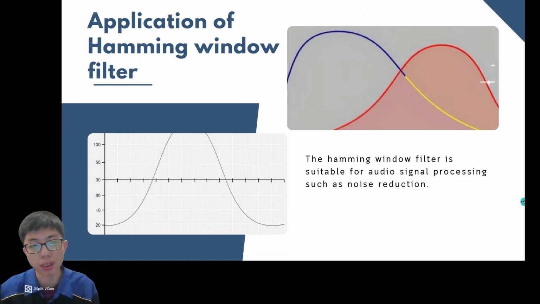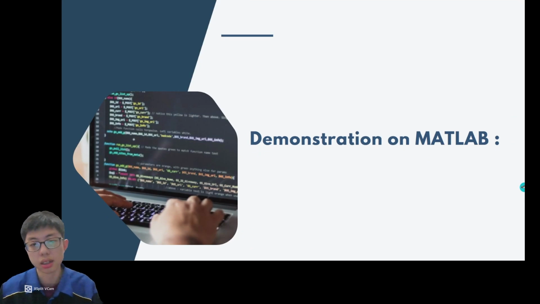The application of Hamming window filter. The Hamming window filter is suitable for audio signal processing such as noise reduction. Here is a demonstration on MATLAB.